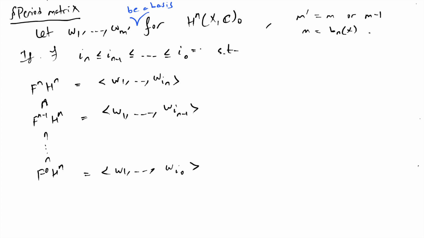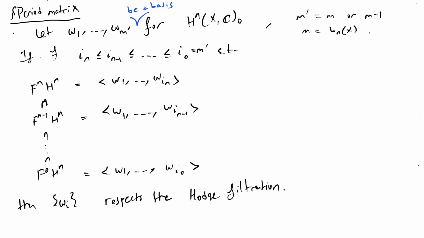So this i_0 obviously has to be m prime. I've structured my basis so that nested subsets of my basis form a basis for this filtration. If this is the case, then the basis omega_i is said to respect the Hodge filtration.